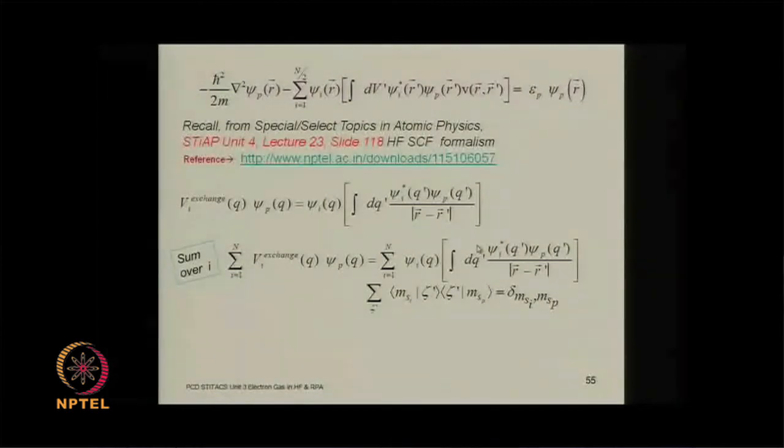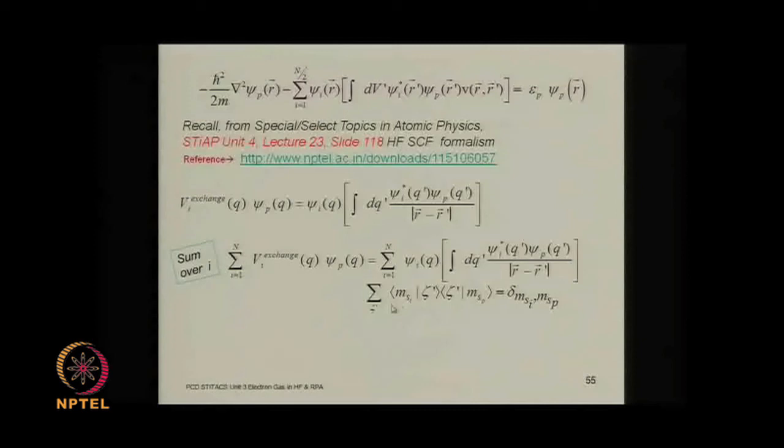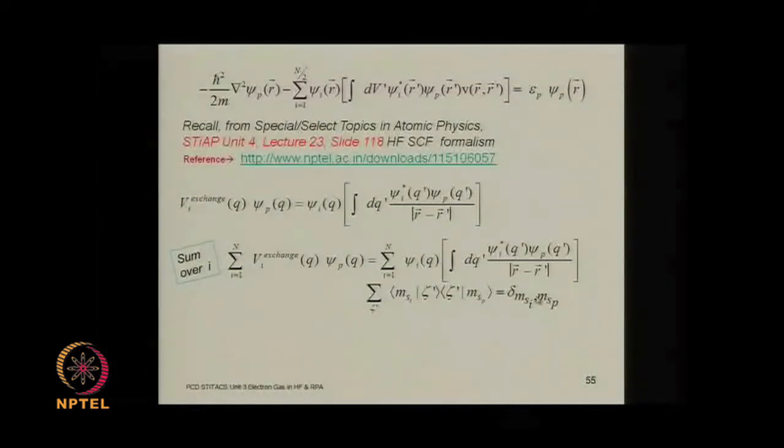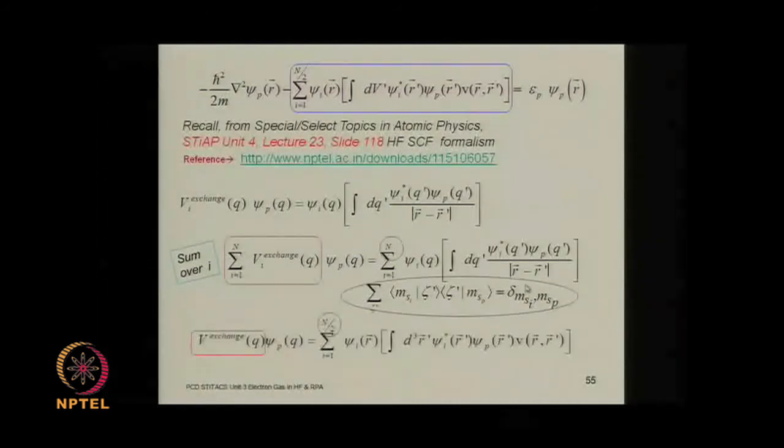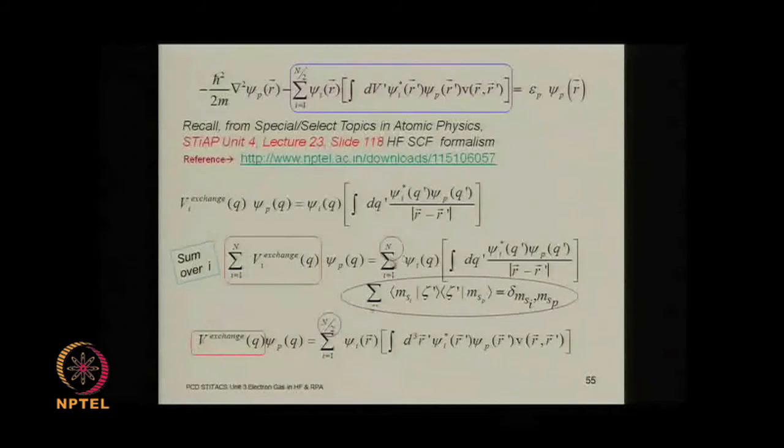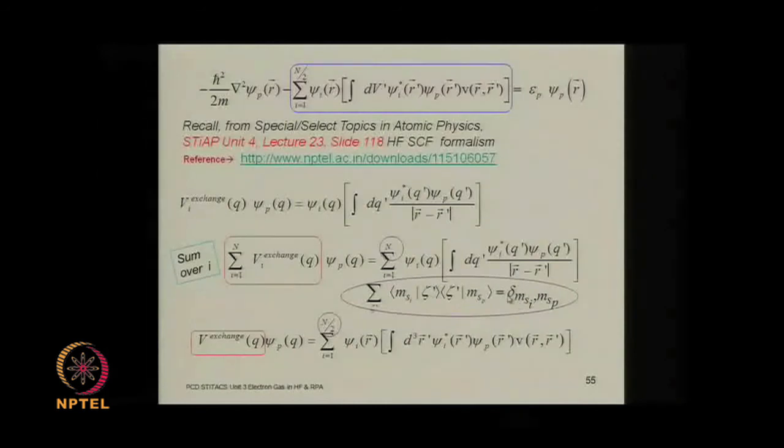Integration over q prime again includes integration over 3 space variables and discrete summation over the spin variable. So, when you carry out the summation over the spin variable, you will have these Kronecker deltas, m_s i, m_s p, and that will reduce this summation from i going from 1 through n to 1 to n by 2, because of this Kronecker delta for spin up and spin down.